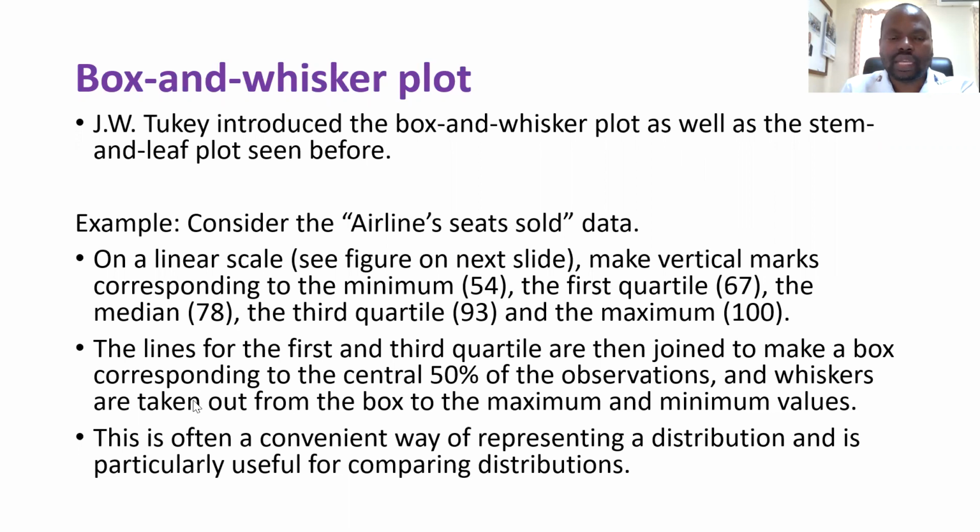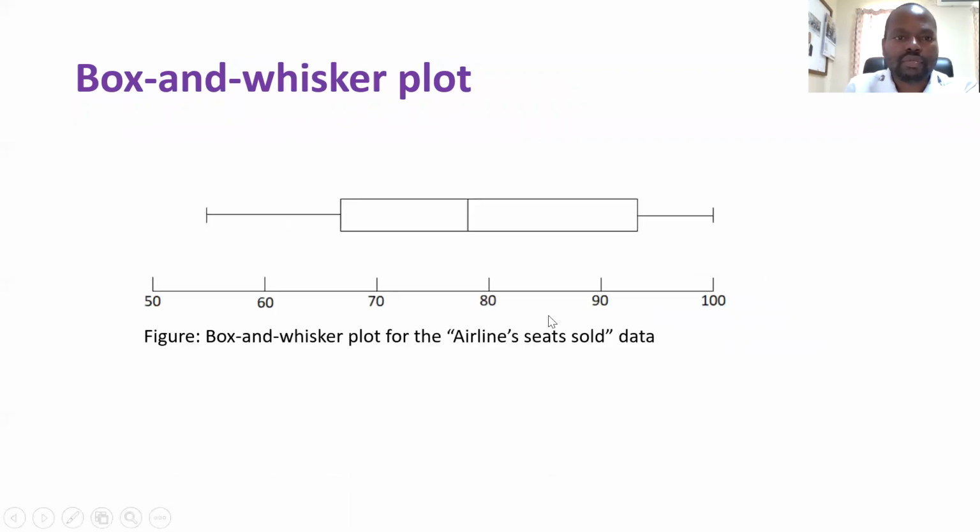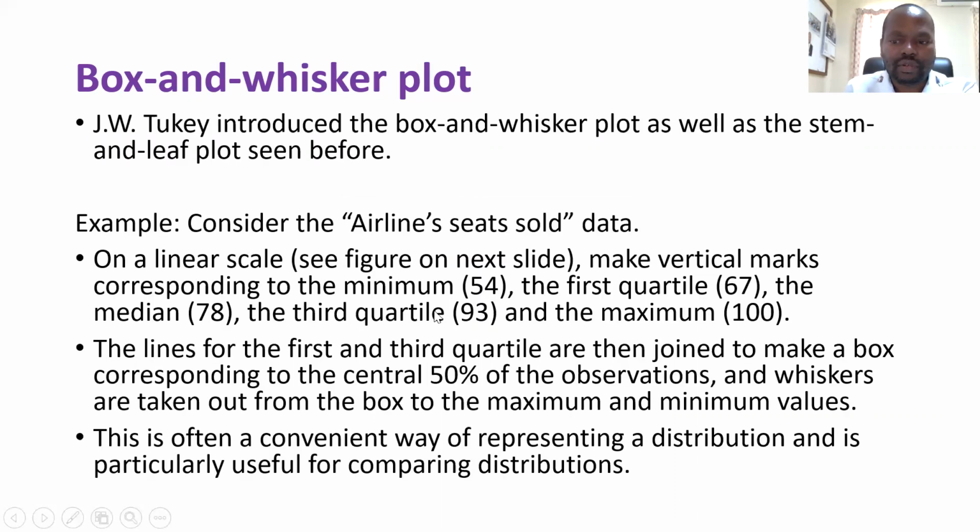But what we want to do, I will then move to the plot, is make vertical lines. So for this line here, which stands for the first quarter, the line for the minimum, the line for the median. So basically, we know the minimum is 54.